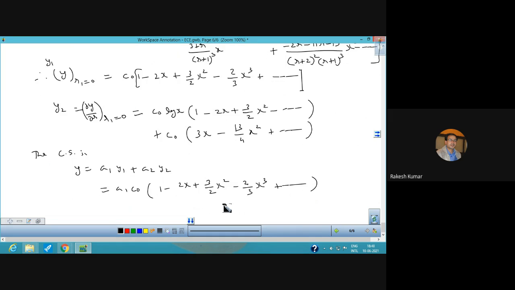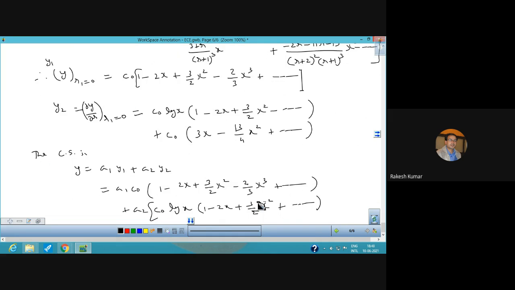Close the bracket, and plus A2. This is C naught log of x into 1 minus 2x plus 3 by 2 into x square plus so on.